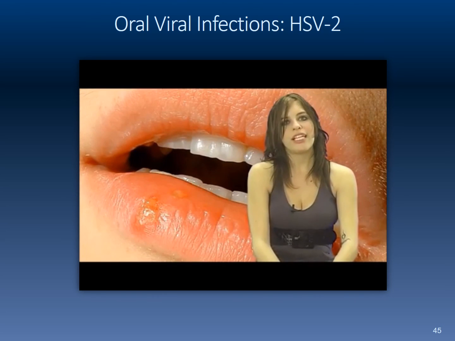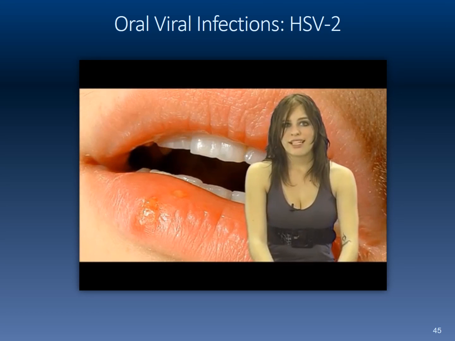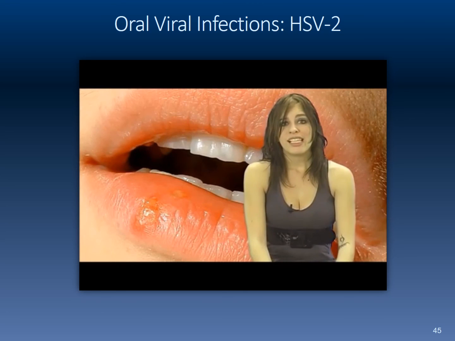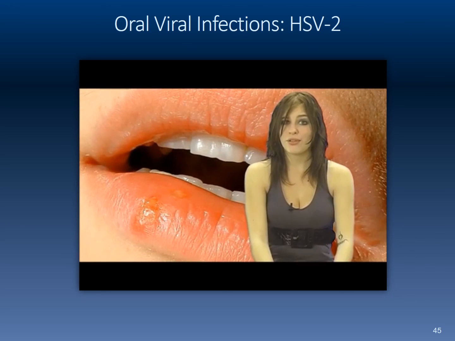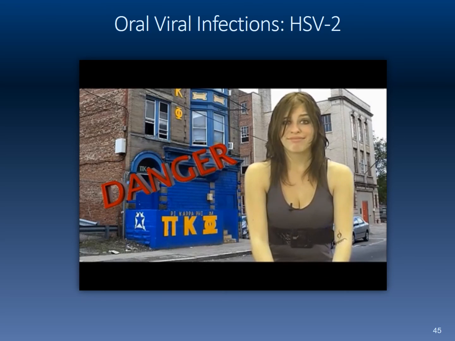Now, the more common one is HSV2 in most genital herpes cases. Right now, in the United States, 45 million people have reported to the CDC that they have genital herpes. That means 1 out of every 5 adolescents and adults have the disease, which also means it's Russian roulette down at the frat house.